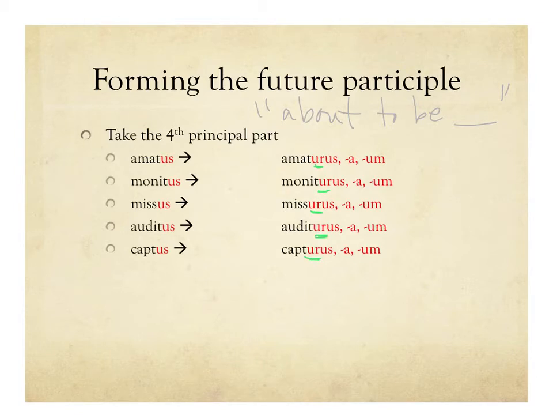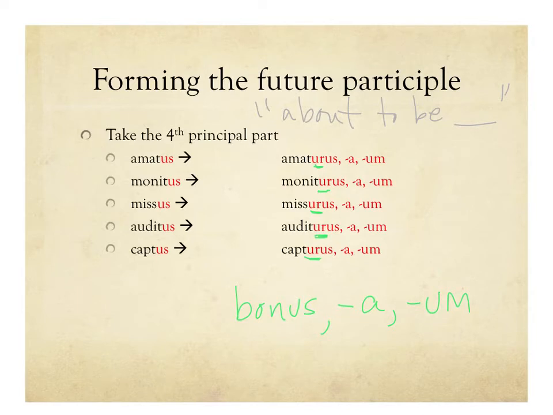So that's it. And you can see that these have masculine, feminine, and neuter forms, that they are of the type bonus, right? So that first and second declension type, and they appear in singular and plural forms, masculine, feminine, neuter forms, right?